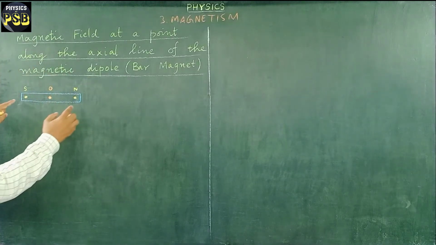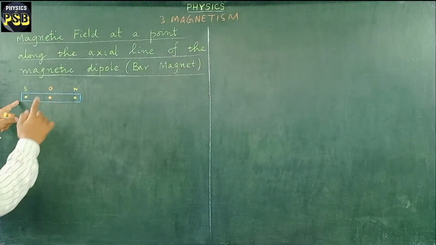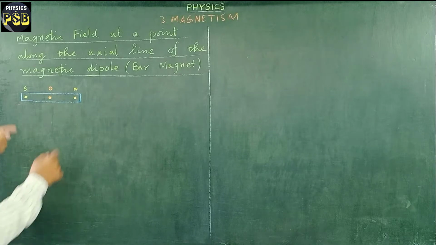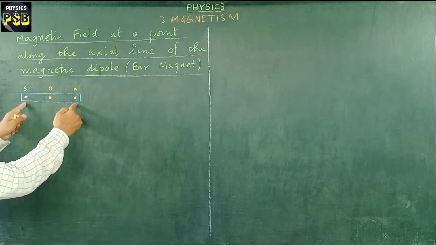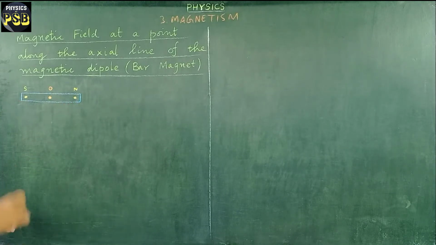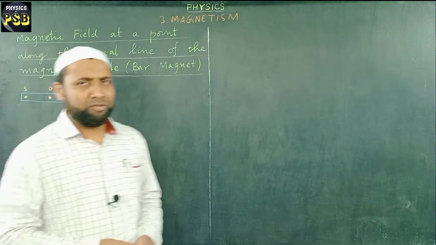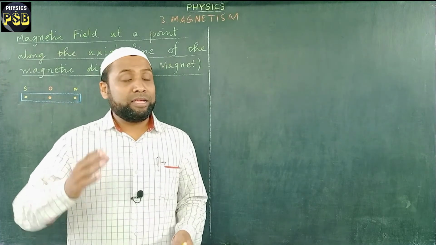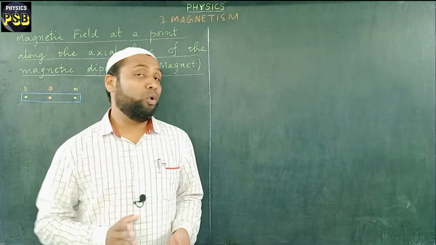The distance between the edges is referred to as geometrical length, and the distance between the poles of the magnet is referred to as magnetic length. Clear?